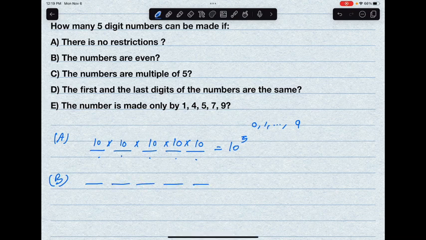The only restriction is that it should be even, so we still have repetition, but for the right digit we have only 5 choices. The other 4 digits can be any of those 10 digits, and they can be repeated. So here it is 10, 10, 10, and 10. So it's 10 to the power of 4 times 5.